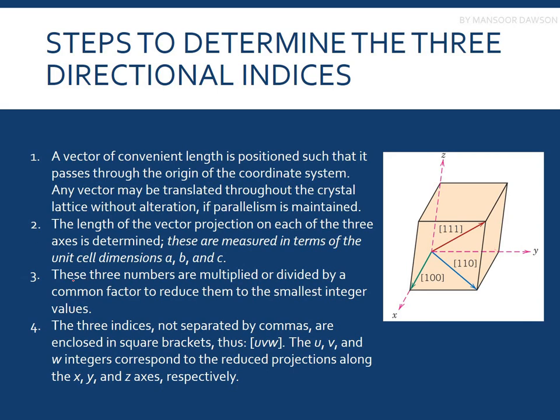So third, we have these three numbers that are multiplied or divided by a common factor to reduce them to the smallest integer values. So if these directions are, for example, 2, 1, and 1, we would be dividing the whole thing by 2 basically, to get a simpler form.